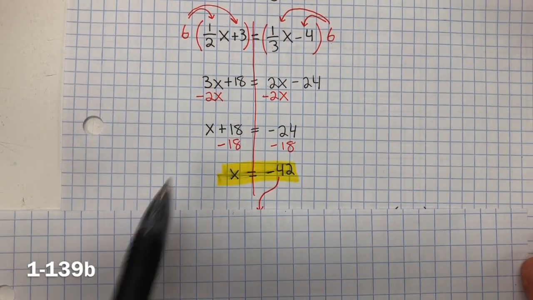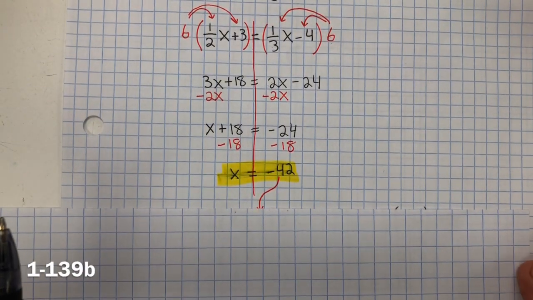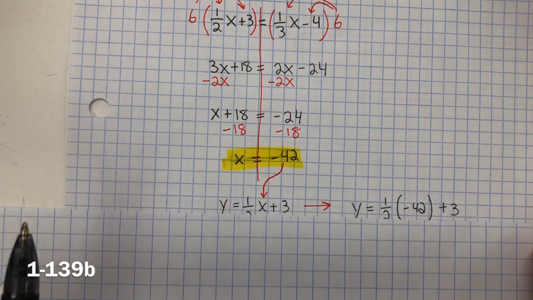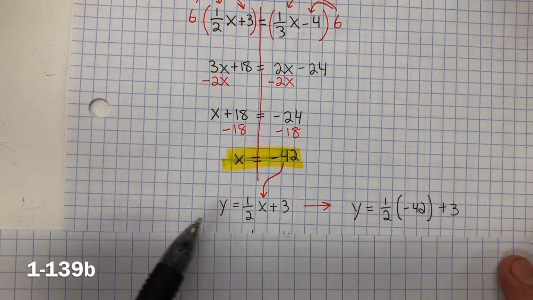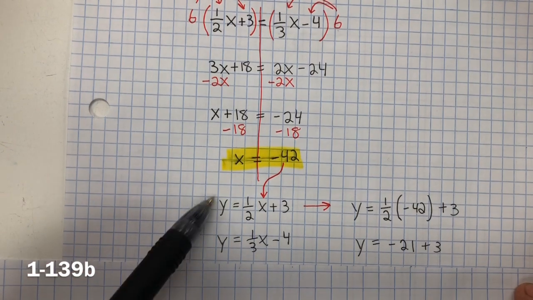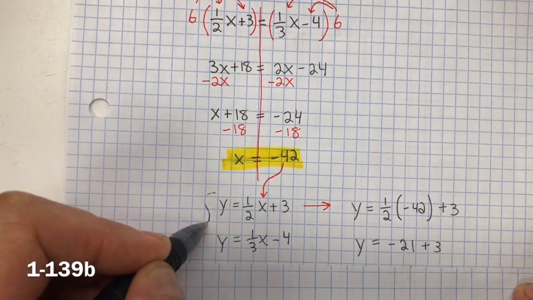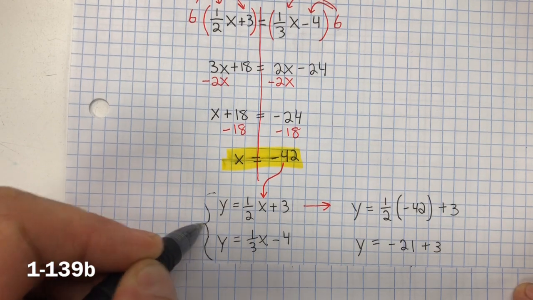Now, that's what x equals. So we want to find out what y also equals. So we've done half of the problem. Now what we're going to do is plug it back in to the original system. And it doesn't matter which one we do. So here's the original system that we started with.